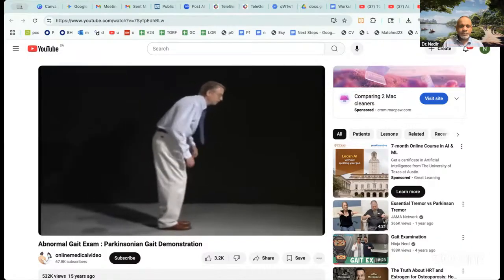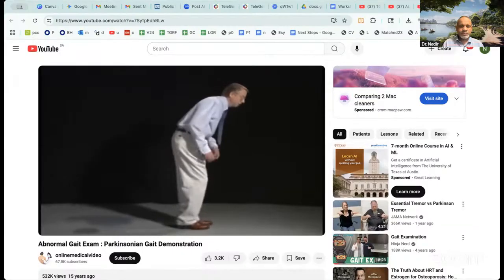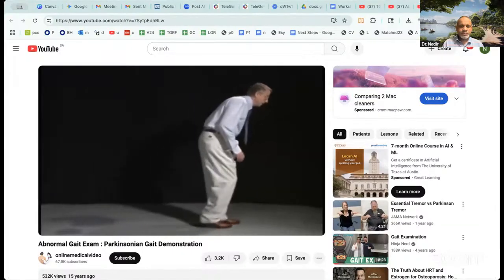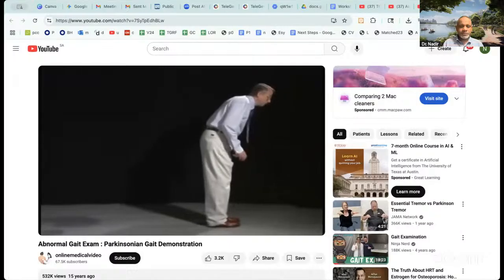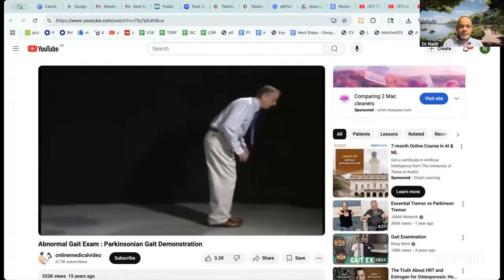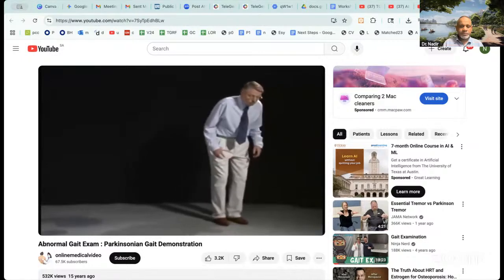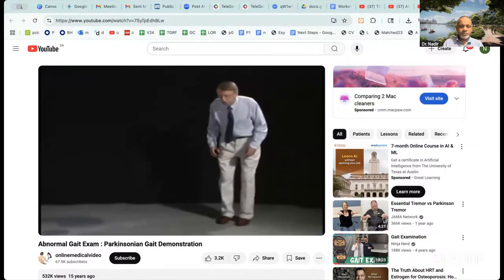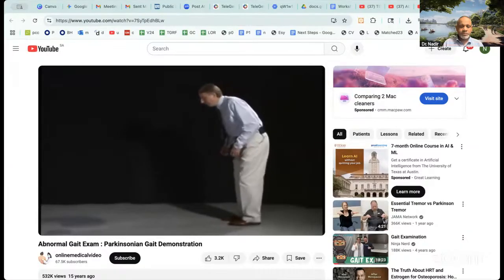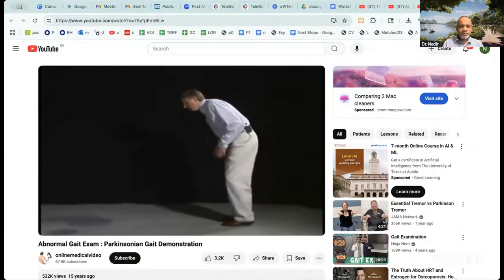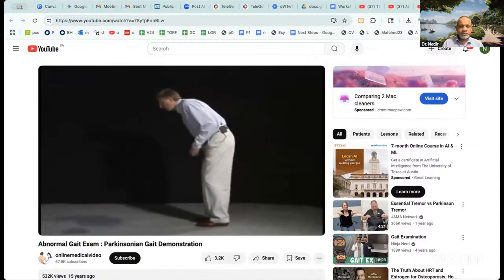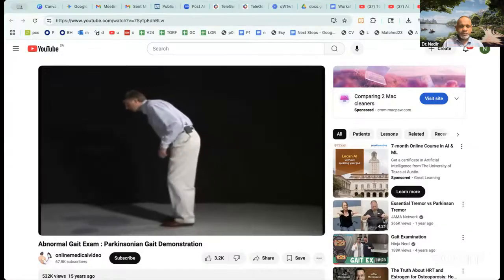As the gait progresses, there may be a picking up of speed, or what's called a festinating gait. And in turning, instead of a normal turn, the patient will turn en bloc, which means they'll turn almost as a statue moving around. And again, having difficulty starting, and the marche à petits pas.